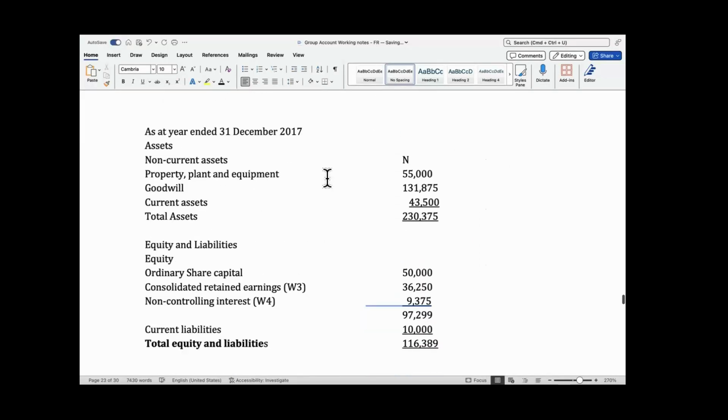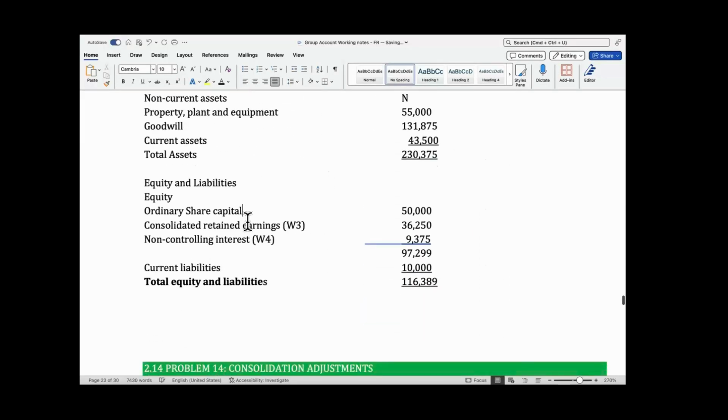So that means this one would be 50,000 plus 31,250, which is 81,250.